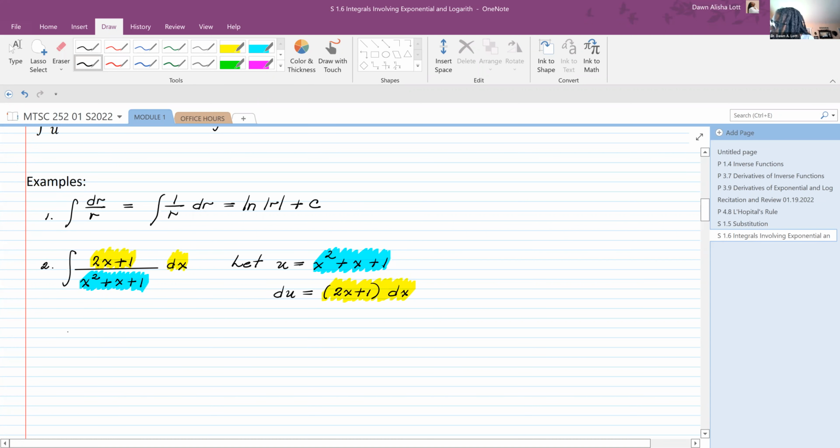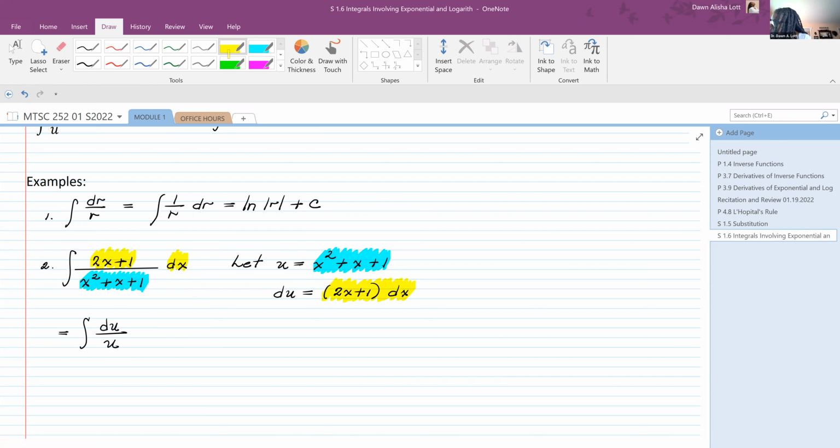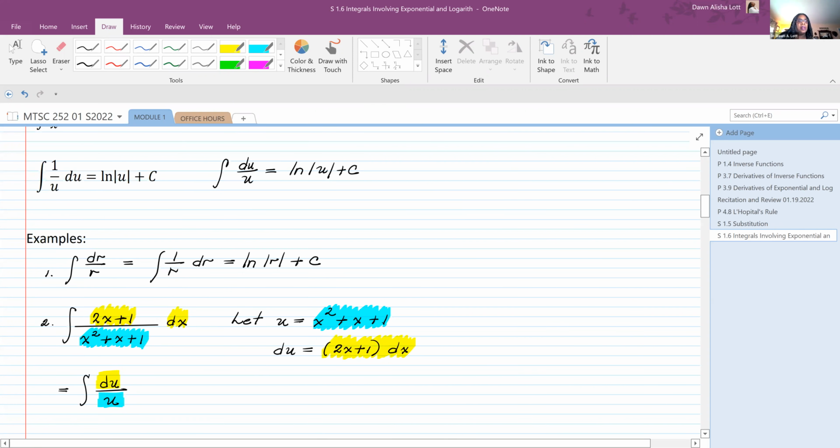So this works out to be the integral of 2x plus 1 dx, that's du, and then x squared plus x plus 1 is u. Okay, so now this becomes du over u. And we know that the integral of du over u is right here.